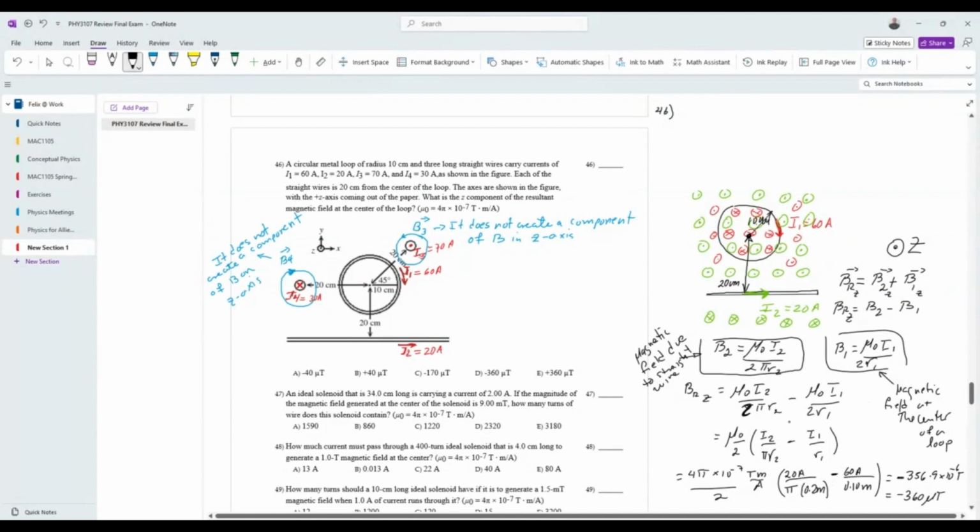So when we combine both together, we can calculate the Z component of the magnetic field. This one is probably the most difficult exercise in this review.